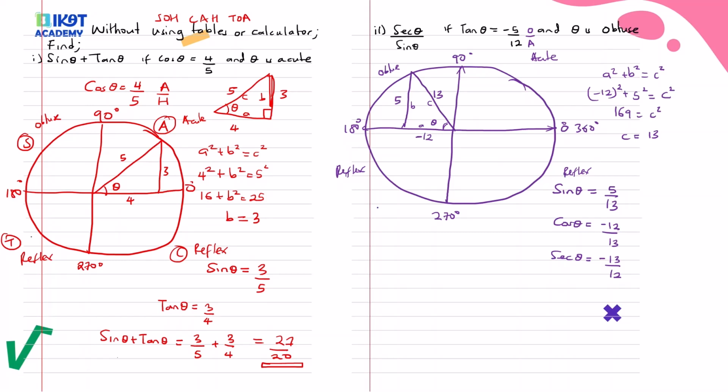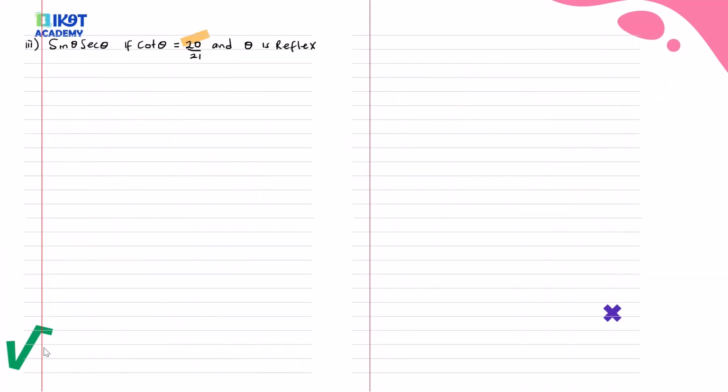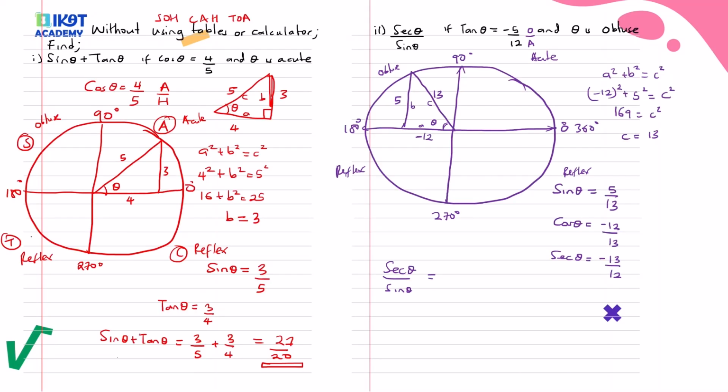But the question wants me to find sec out of sine. So here we have sec divided by sine. So sec is negative 13 out of 12 divided by sine, which is 5 out of 13. So we'll get the reciprocal. This is negative this times 13 out of 5.